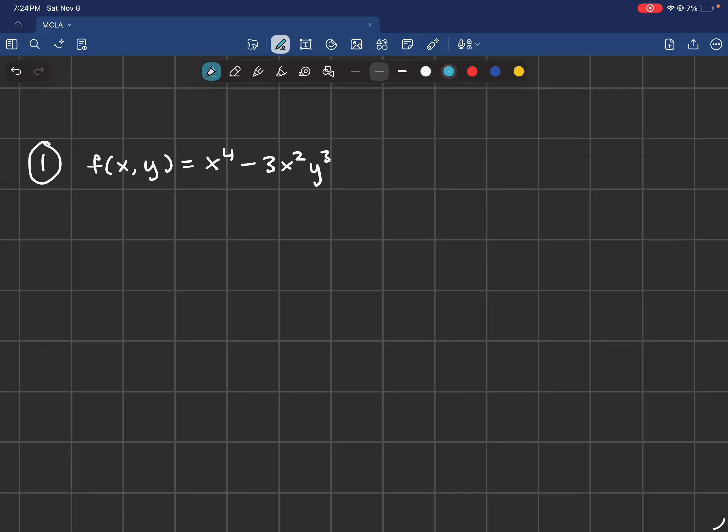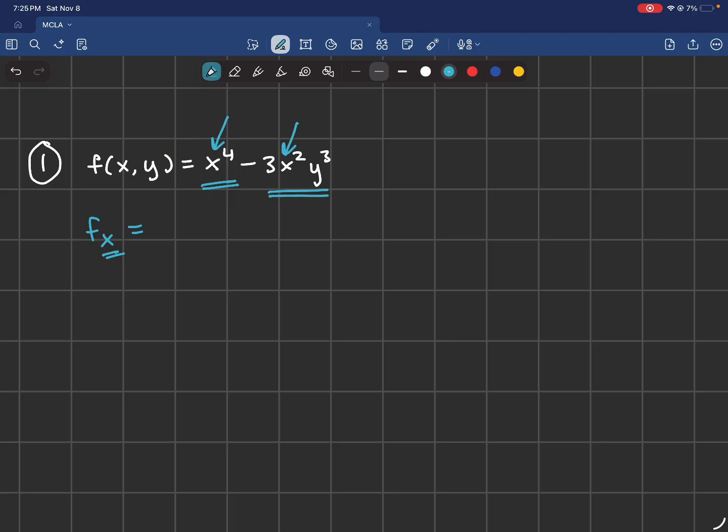That's an important thing to note, which you might be asked to prove in a question. The first thing I'm going to do is find f_x, the derivative with respect to x. In order to do this, I'm going to identify which terms have the variable x in them. If I look in the original equation, I can see that it's in both terms right here.